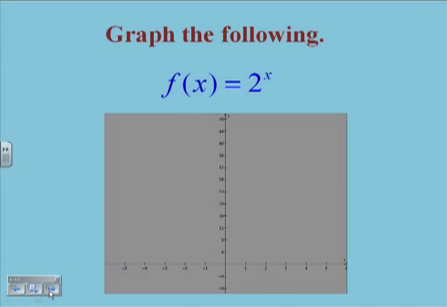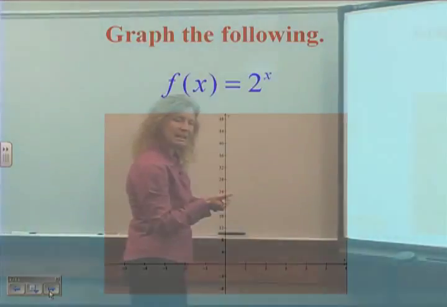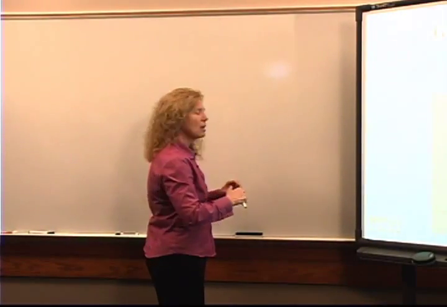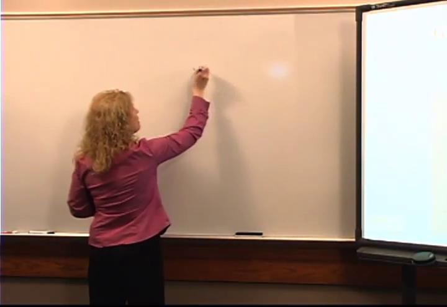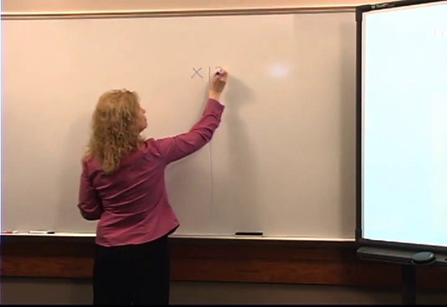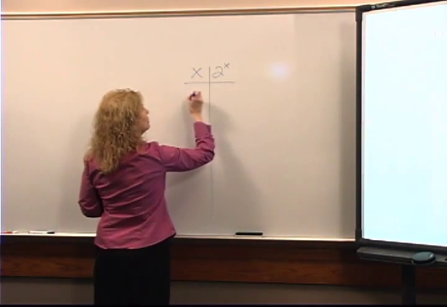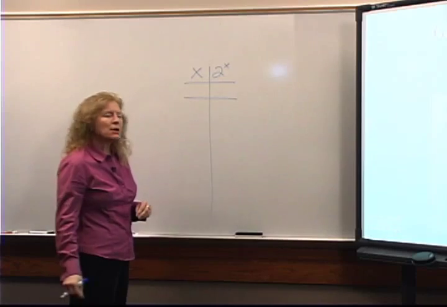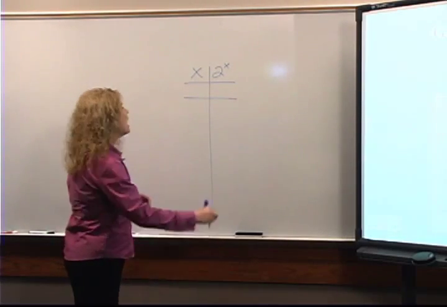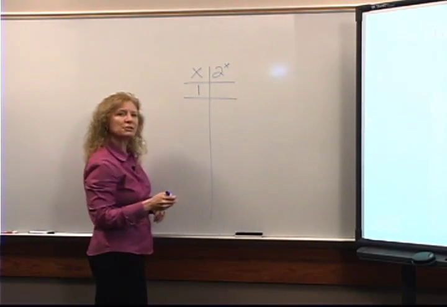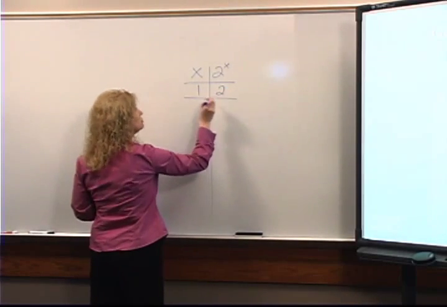Now, the first thing I'd like to do is graph a real simple exponential function. We've got 2 raised to the x. Remember what I told you is always your backup plan for graphing? That is making a table of values. So, if x is 1, 2 to the first is 2.